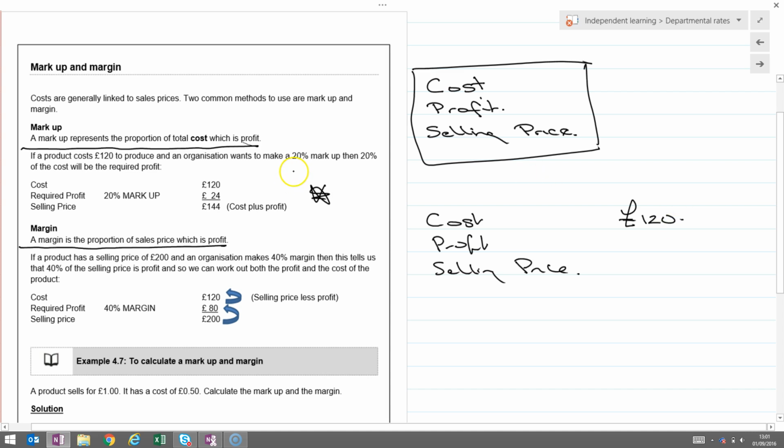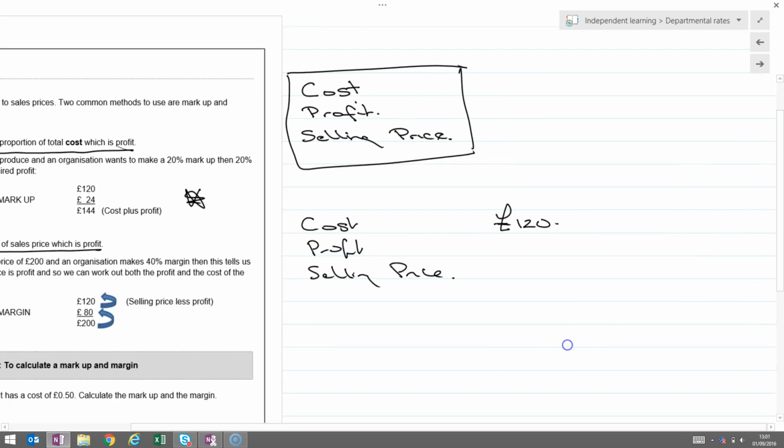An organisation wants to make a 20% markup, so the profit is 20%. But it's a markup, so that's 20% of cost. So 20% of £120, so that means we must be selling it for 144, what it cost plus the profit we want to make.